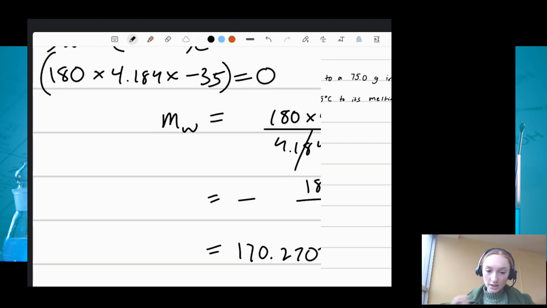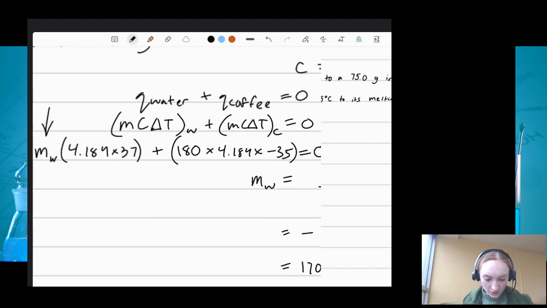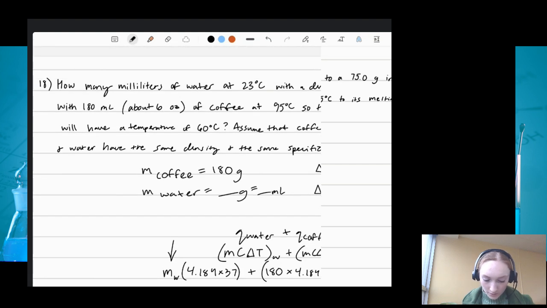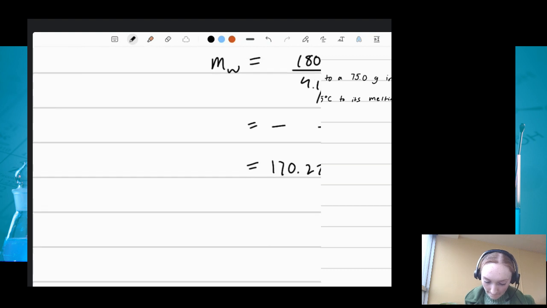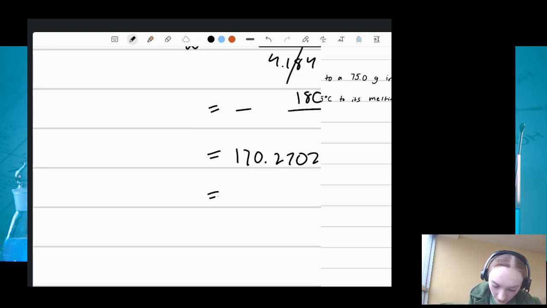And so since we're working with, I believe, only two significant figures, we will have our answer also in two significant figures. So this would be 170 grams. And so just as we said before, since the question says the densities of the coffee and the water we're assuming is the same.